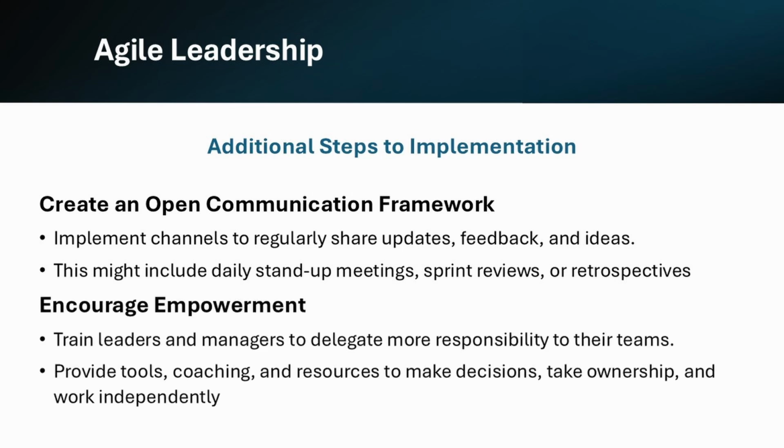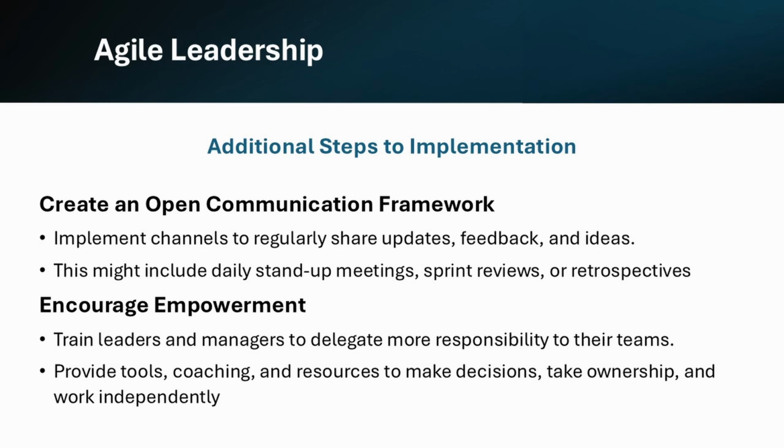And the last additional step is to encourage empowerment. Once again, the whole idea of Agile is that you are providing the resources to your people in order for them to be successful, and they have to produce based upon those resources. So if you're training your leaders and your managers to delegate more responsibility to their teams, life is going to be a lot easier for everybody.